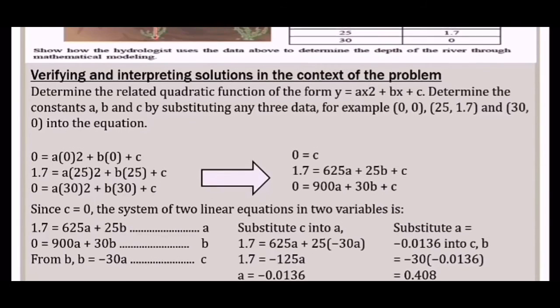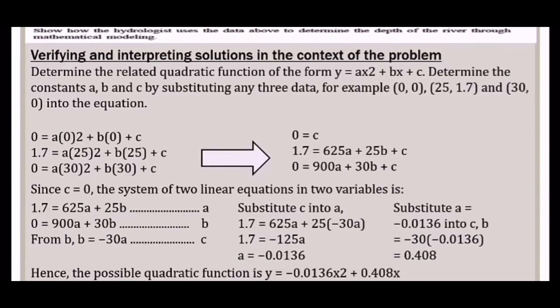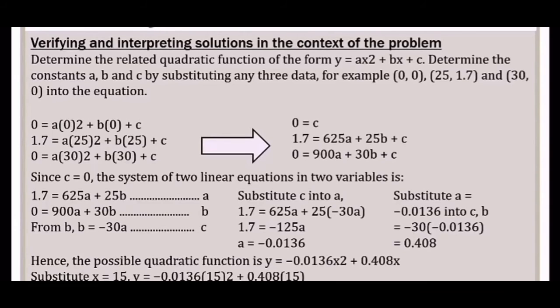Next, we verify and interpret the solution in the context of the problem. Based on the graph, we can determine the related quadratic function of the form y equals ax squared plus bx plus c. We can also determine the constants a, b, and c by substituting any three data points.